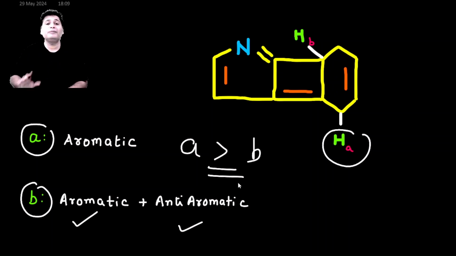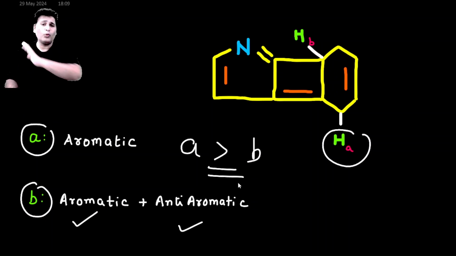So the involvement of anti-aromatic character was a problematic element, and it almost wipes out the goodness of the aromaticity. So that was a huge drawback. That is how you should keep on thinking once a problem comes in front of you.